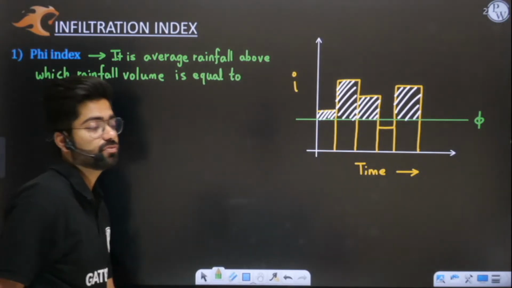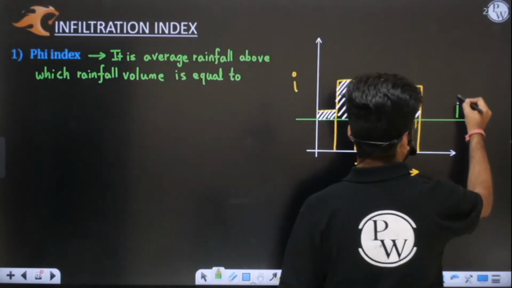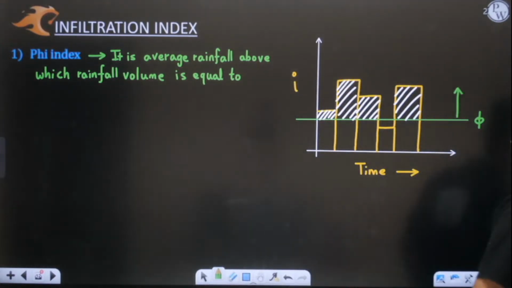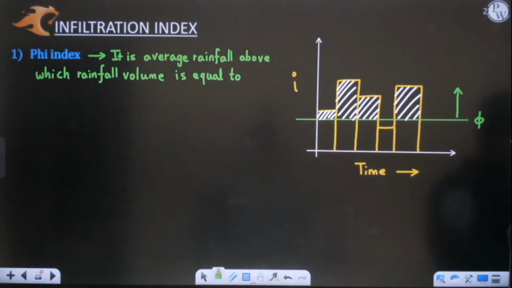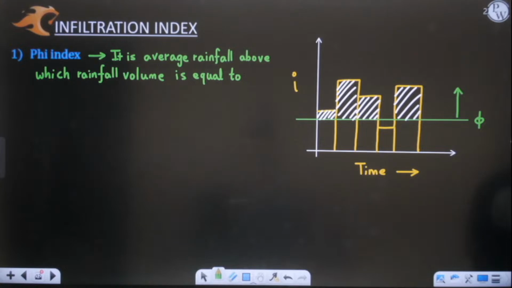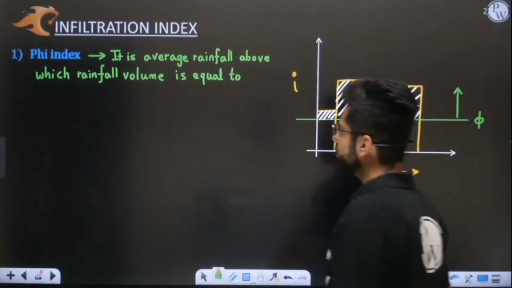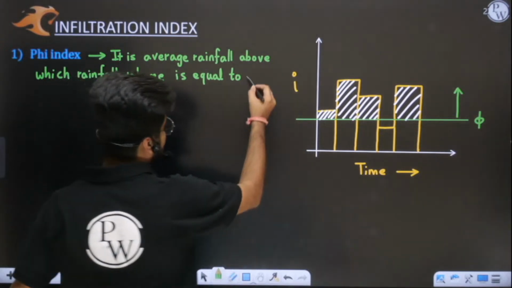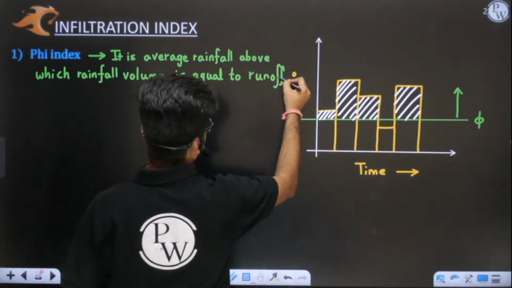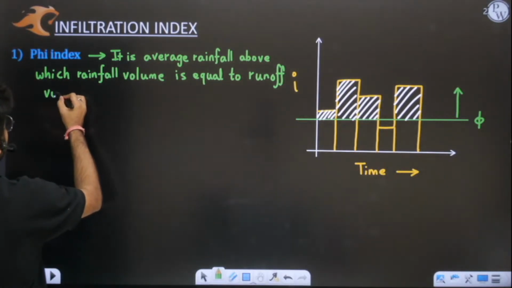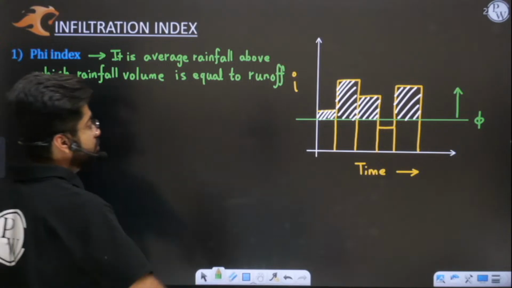Yes, runoff volume. Perfect, Sushil. Above which rainfall volume is equal to runoff volume. Perfect. And below which rainfall volume is equal to infiltration.